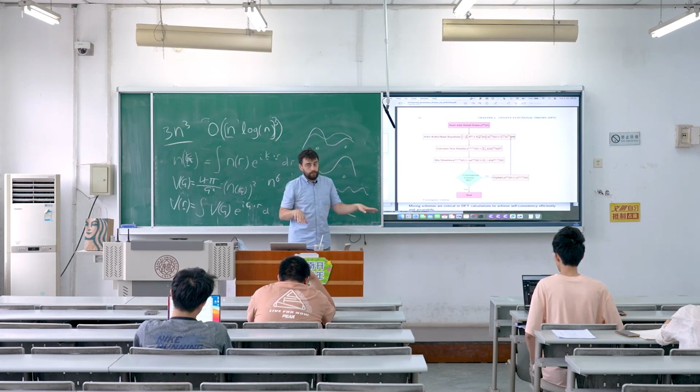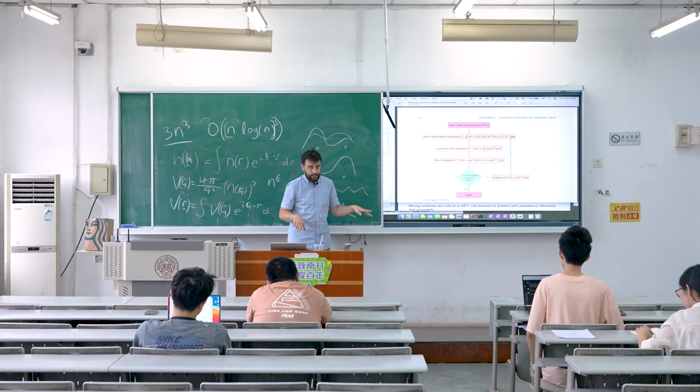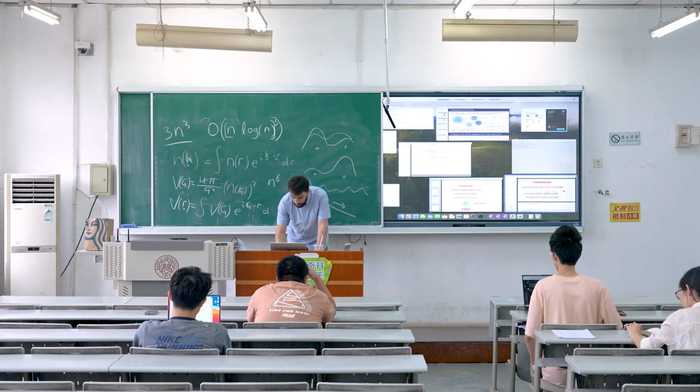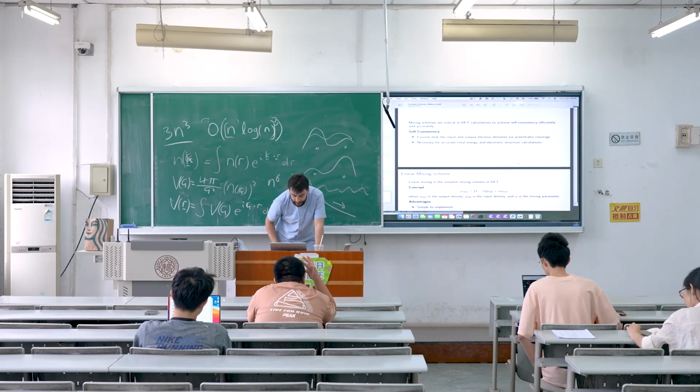So with the caveat that you may get a different result because your optimization has gone in a different direction in optimization space, right? But that doesn't mean that it's wrong. It just means that you've gone in a different direction potentially. Okay. Right. So mixing schemes, right?